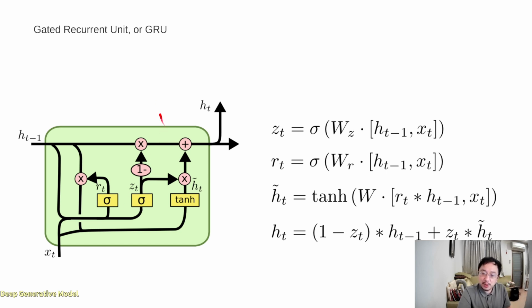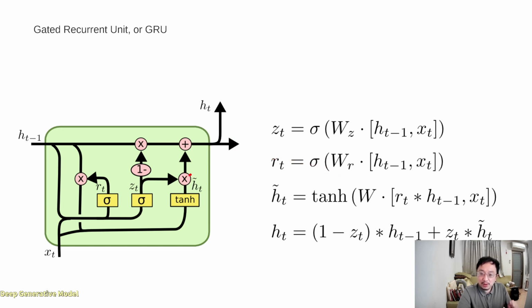I think the gated recurrent unit, or in short GRU, is one way to simplify the LSTM and make it still very powerful. And sometimes people may consider it more powerful or more useful than LSTM. You can see that, like the RNN, it only has one state output, not two, not long and short-term memory. It's just one output, and a lot of things are simplified.